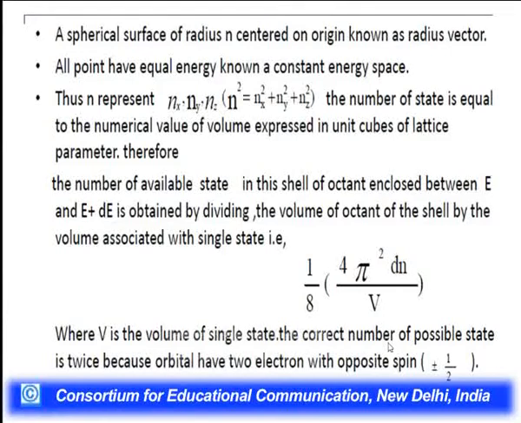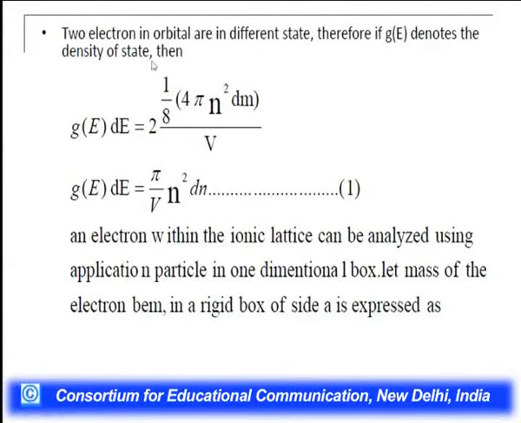The correct number of possible states is twice, because we are using the Pauli exclusion principle, and 2 electrons can be in a single state. One is spin up and one is spin down. That's why we take it as plus minus 1 by 2. It means the 2 electrons in the orbital are in different states.